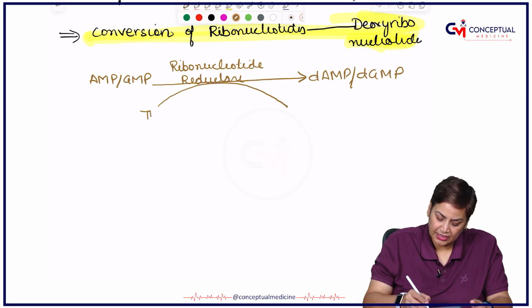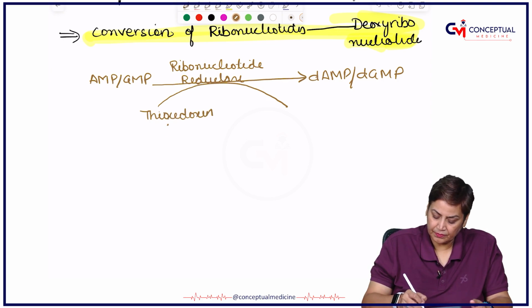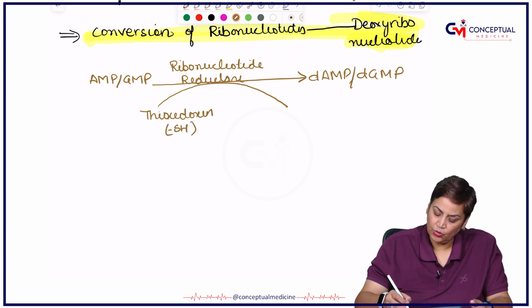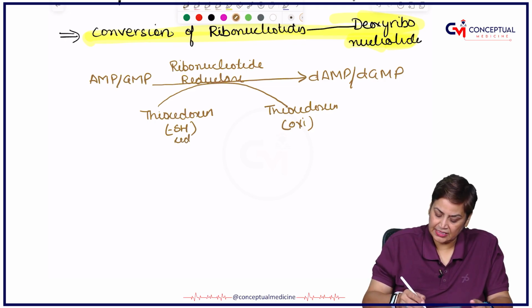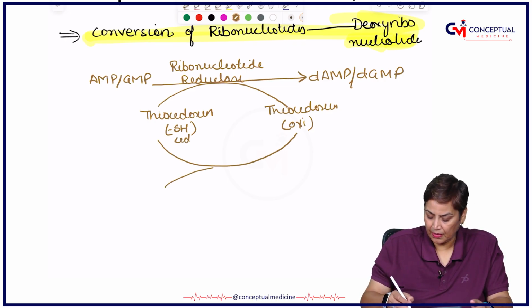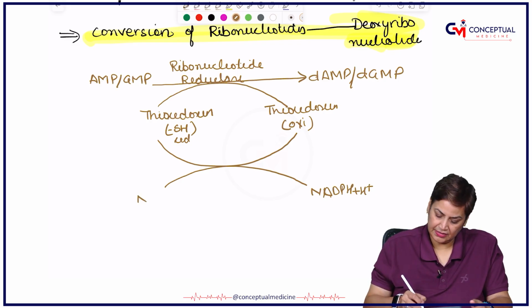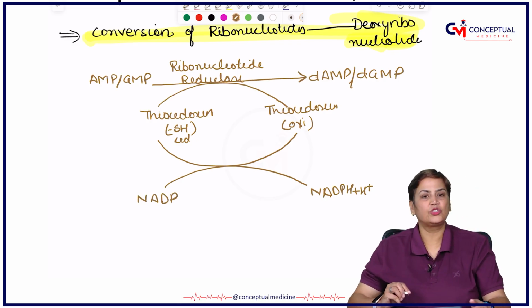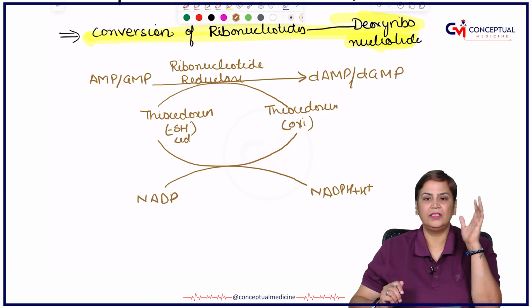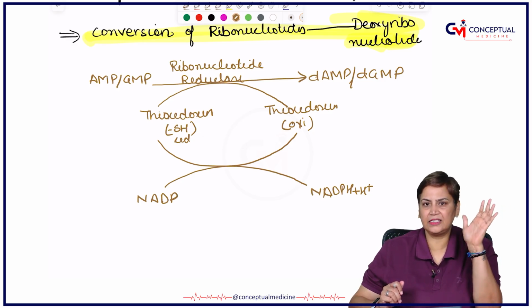So thioredoxin is there, reduced to thioredoxin oxidized. And this is coupled to NADPH plus H positive, like this. So we can say that this is how the DNA and RNA bases are synthesized.